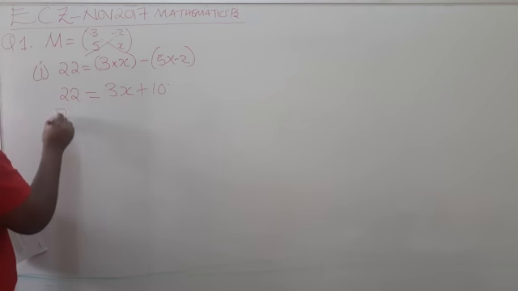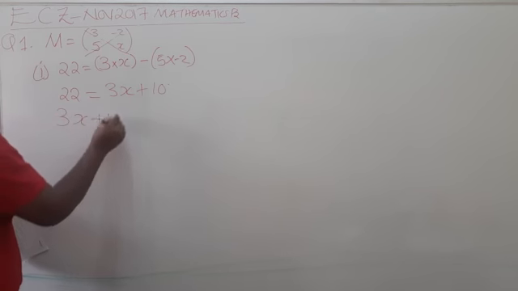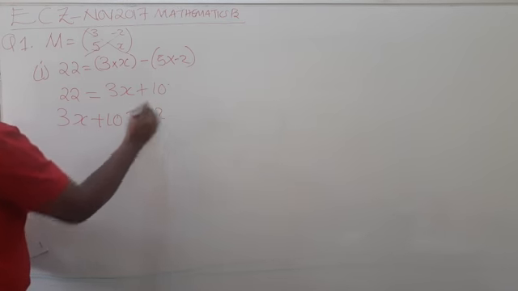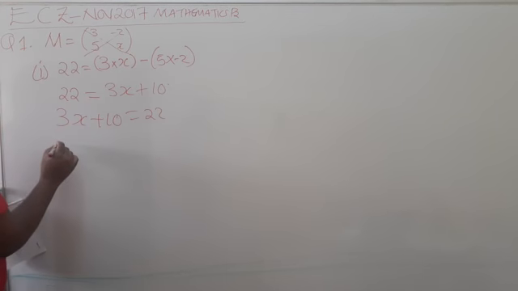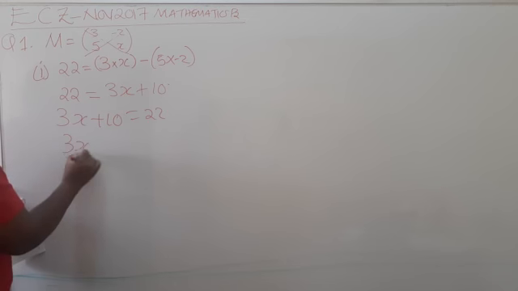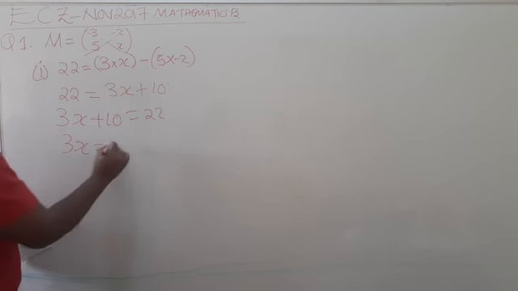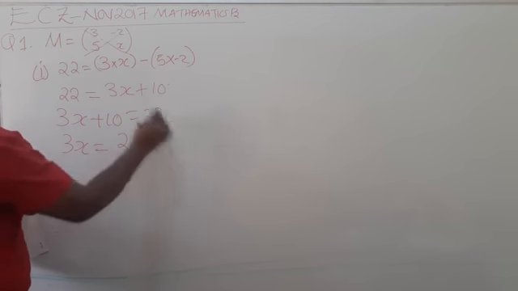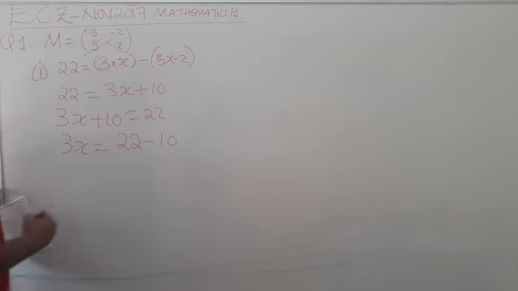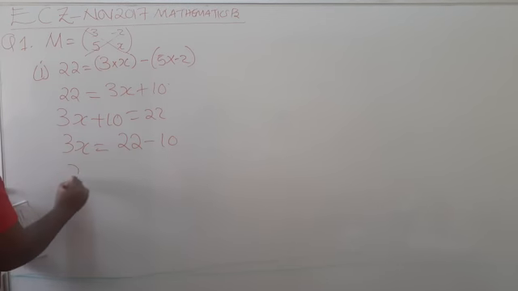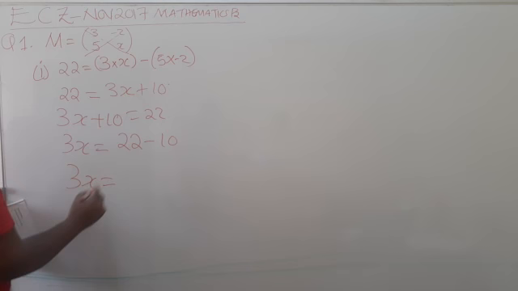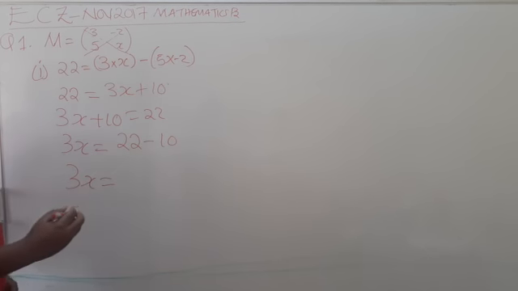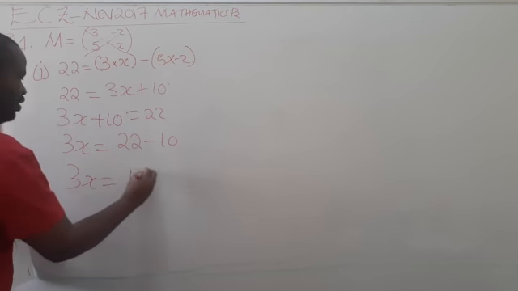So we can say 3x plus 10 is equal to 22. Then 3x is equal to 22, and the 10 goes to the other side and becomes minus 10. So 3x is equal to 22 minus 10, and we get 12.